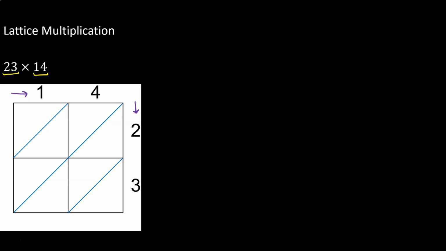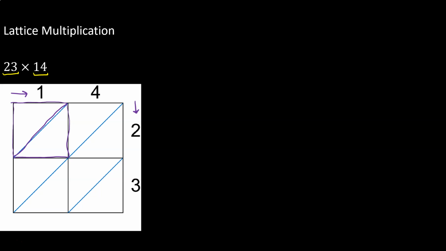For example, the 1 in the tens place of 14 has a box. And that box is also used for the 2 from the tens place of 23. And then that box is slashed in half, very similar to how we drew the lattice for the addition algorithm.